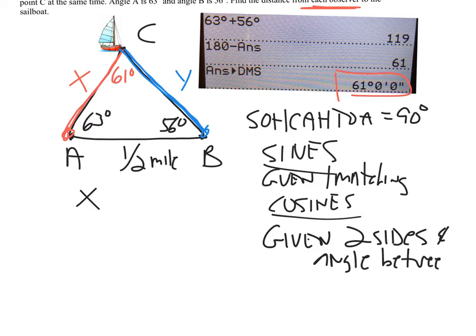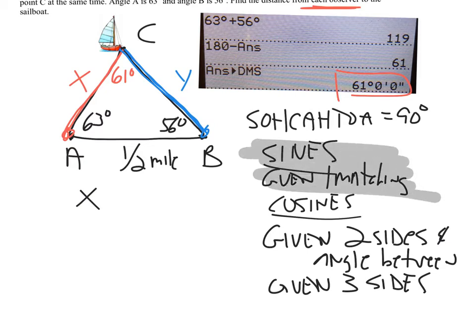So this is your checklist of which trig rule to use for these word problems. And it looks like this is going to be an example of the law of sines, because you're given a matching set. We actually found angle C, and here we have side C. So we're given a matching set, the C's, so we're going to use the law of sines.